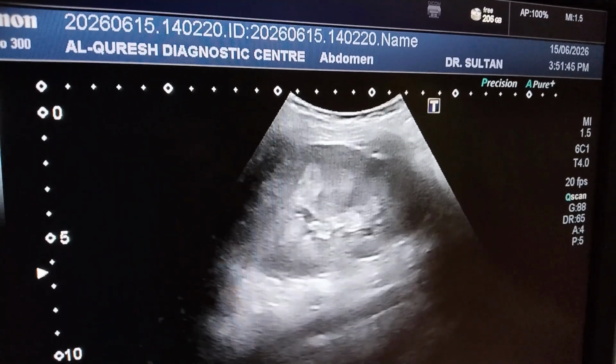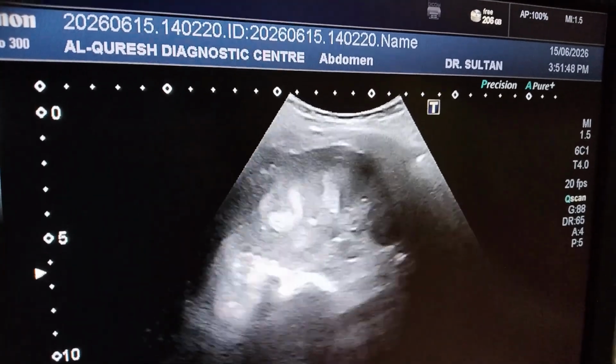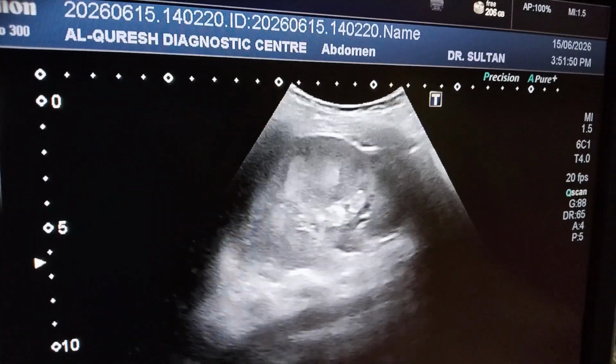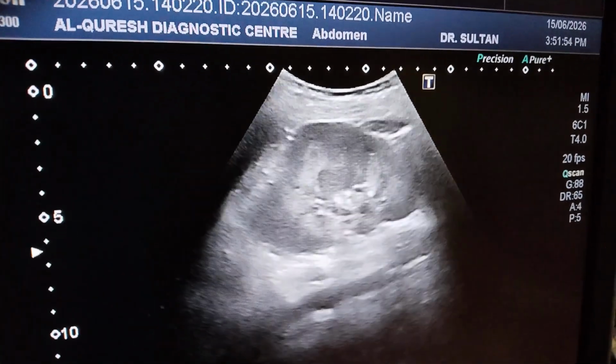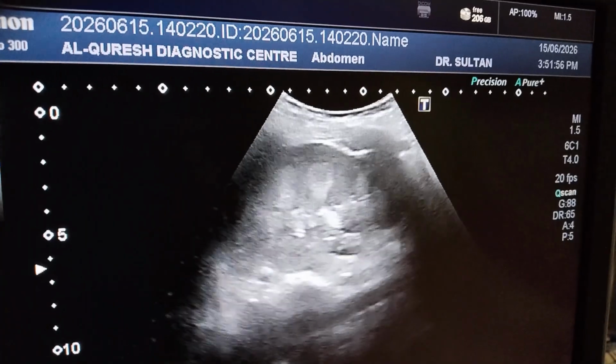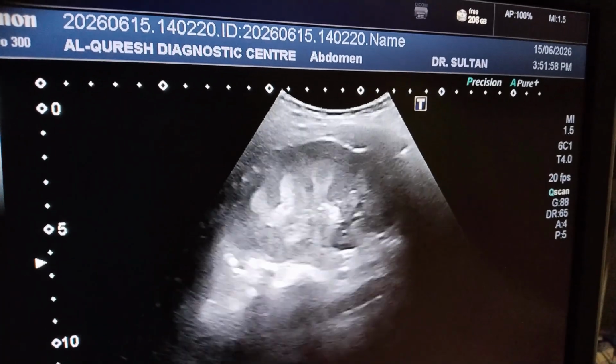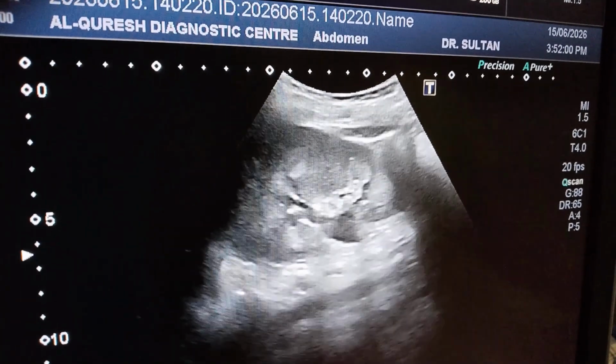So all these are the common causes. The main conclusion we can establish when there is a clear cut blood picture and urine analysis, then we can talk about it.